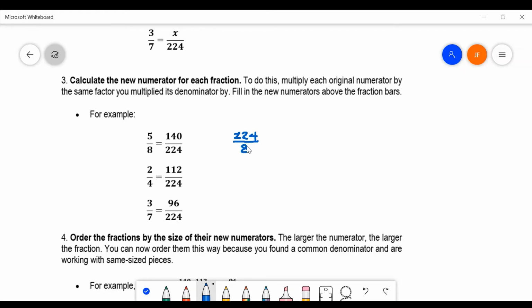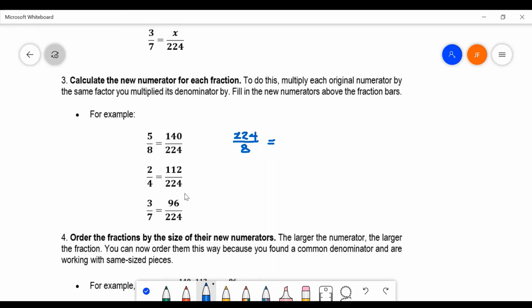Okay, this one divided by this one, so 224 divided by 8 is equal to the two remaining denominators, the 4 and 7.